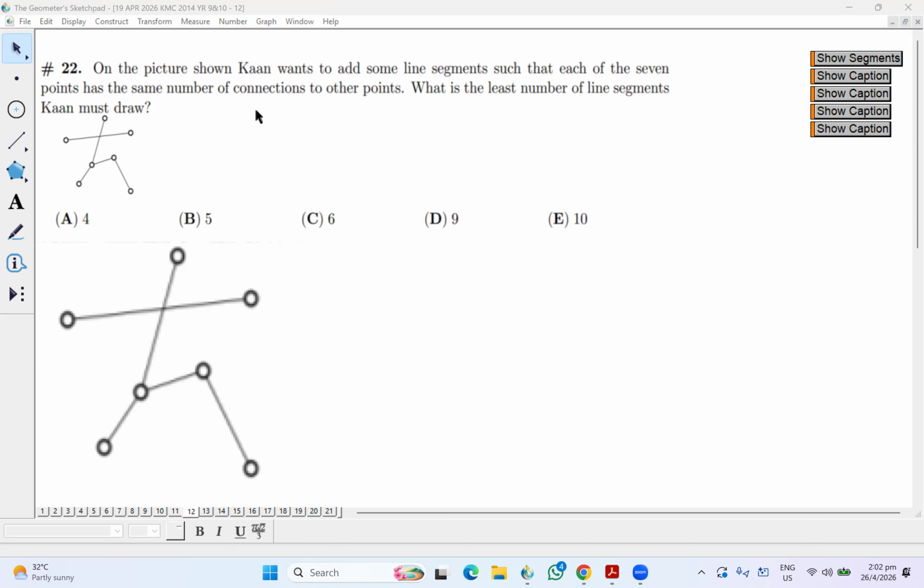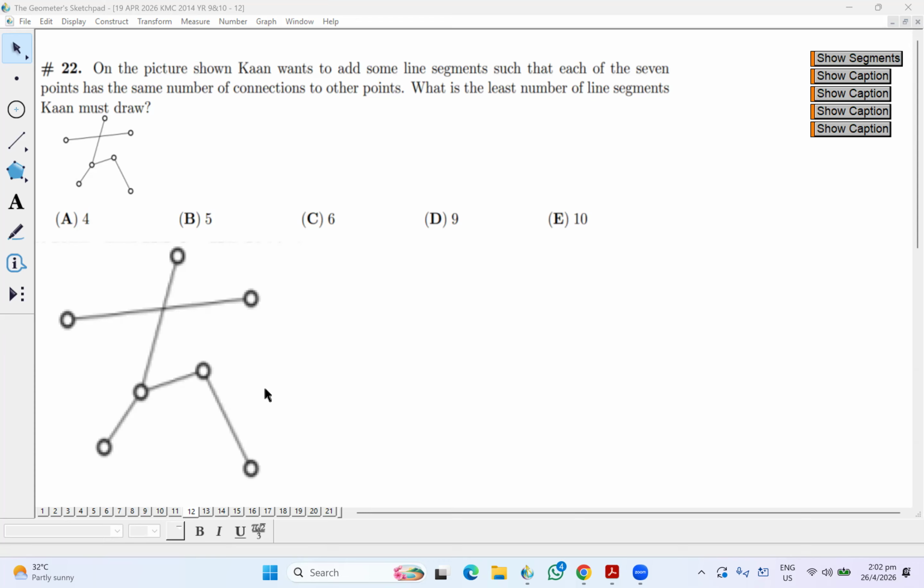But one line segment always joins 2 points. That means one line segment creates 2 connections. Like say this line, it creates 2 connections, to join 2 points. So if one line is 2 connections, then 10 lines, 20 connections.